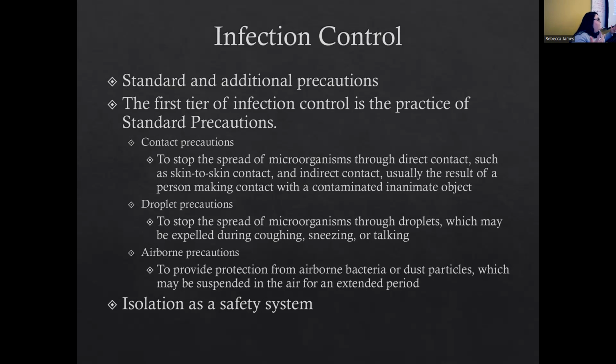Anyway, they test for MRSA in that patient. The contact precautions mean that before you go in that room, you have to have gloves on. They make you put a gown on, stuff like that.